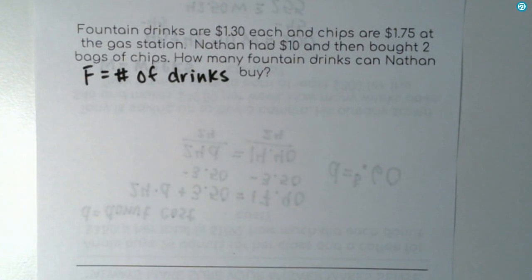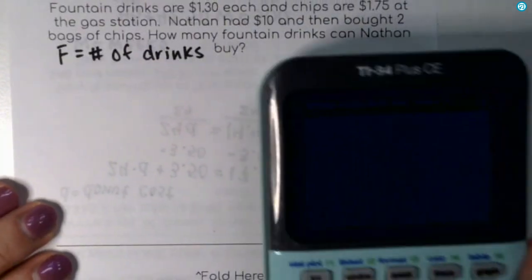Okay, so this one is a little tricky because it tells us how much chips are, but he buys 2 bags of chips. So if he buys 2 bags of chips, how much money has he spent on chips? $3.50. Where did we get that $3.50 from?